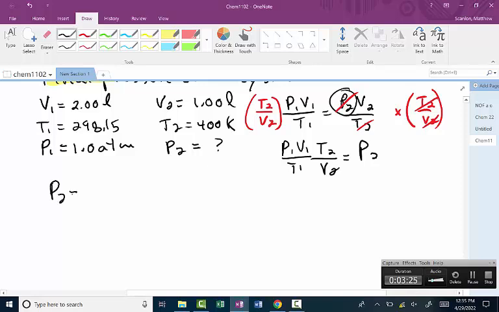P2 is equal to P1, which is 1.00 atmospheres, right here, times V1 times T2.